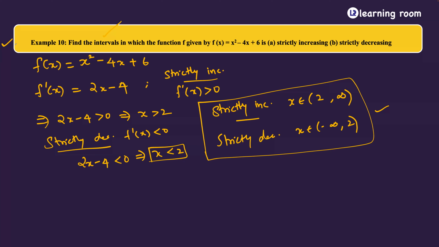X square minus 4x plus 6. Or what we can do is see this x square minus 4x plus 4 plus 2. Can I write it like this? So what is this thing? Is it not x minus 2 the whole square plus 2? Right. So I'll explain something. Listen carefully.